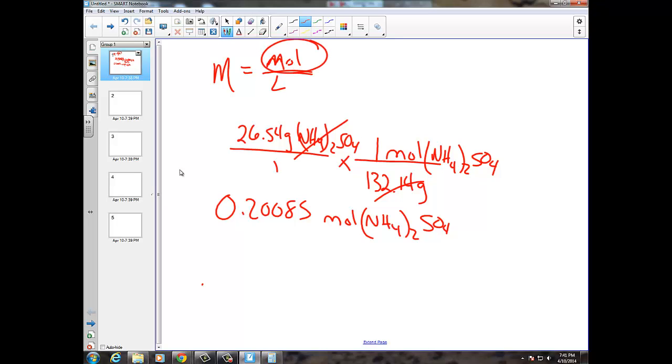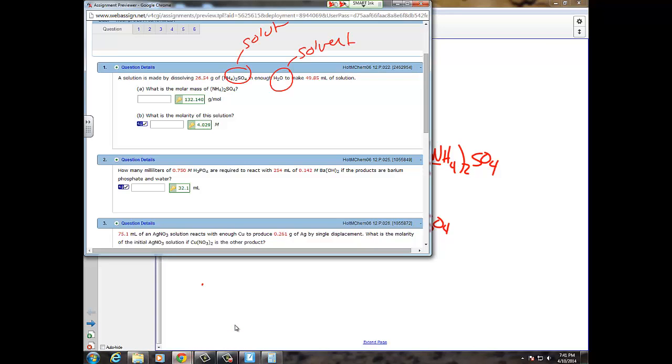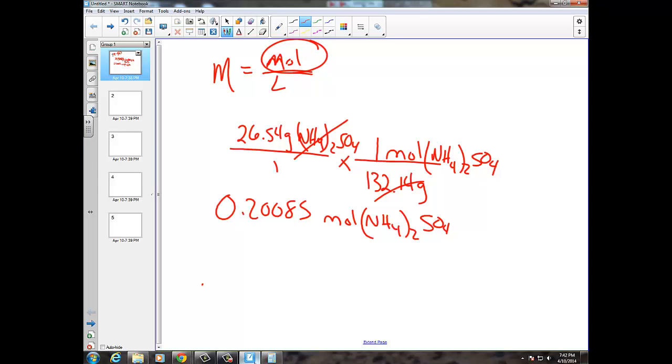So now I need to figure out a liter value. Well, we're looking for our 26.54 grams. We turned that into moles, so that's perfect. And enough H2O to make a 49.85 milliliter solution. So I've got 49.85 milliliters, but it has to be in liters.